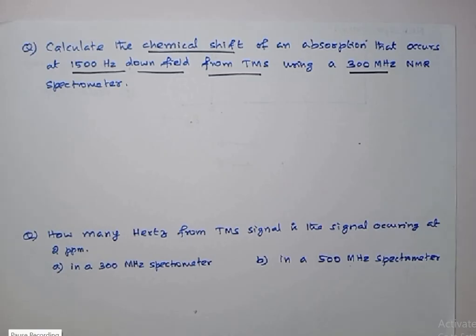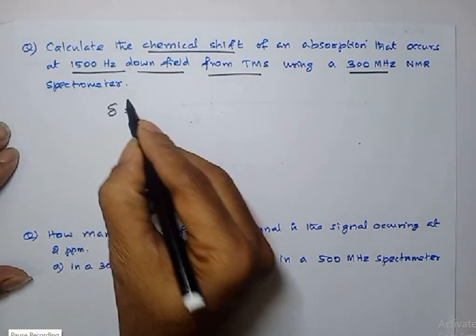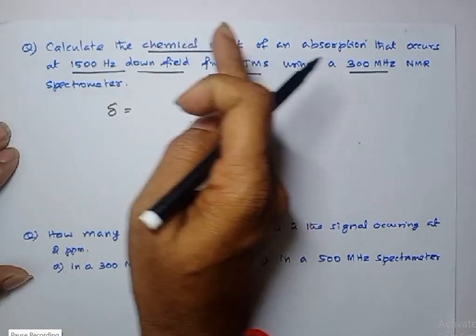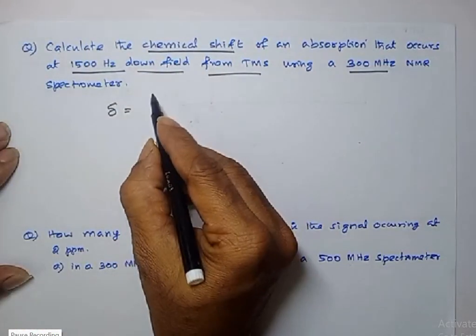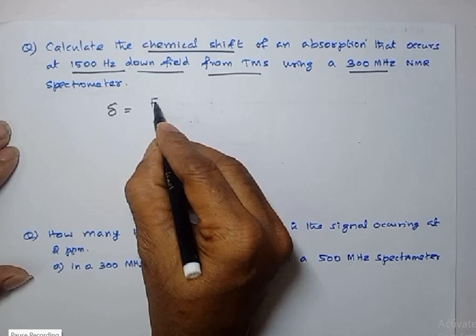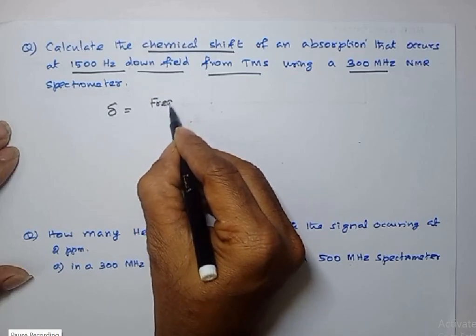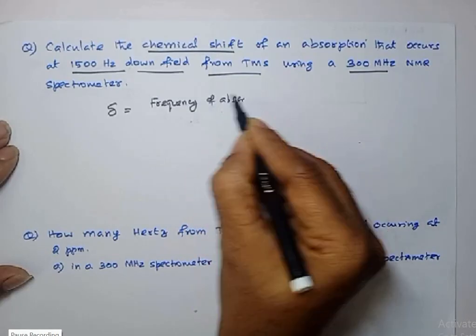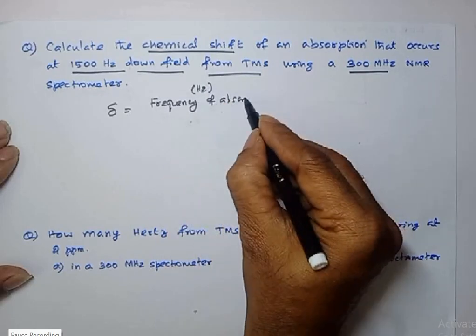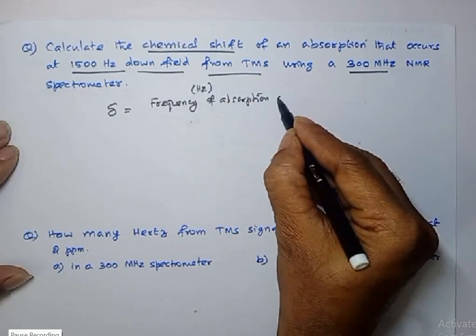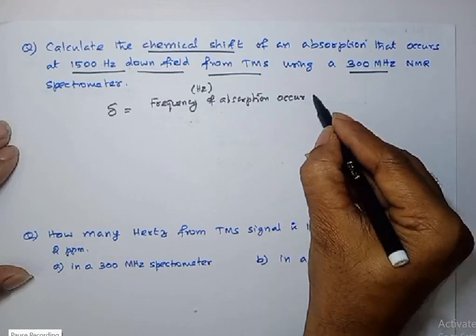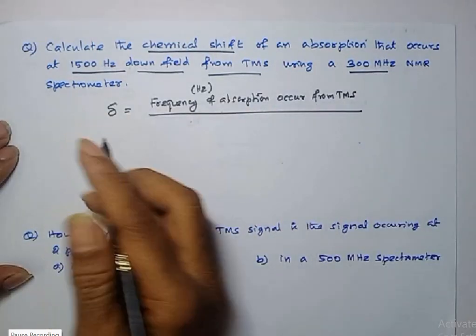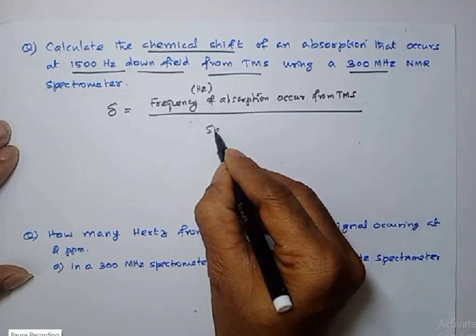It's very simple. Chemical shift is nothing but the frequency of absorption, in Hertz, that occurs from TMS, divided by the spectrometer frequency.